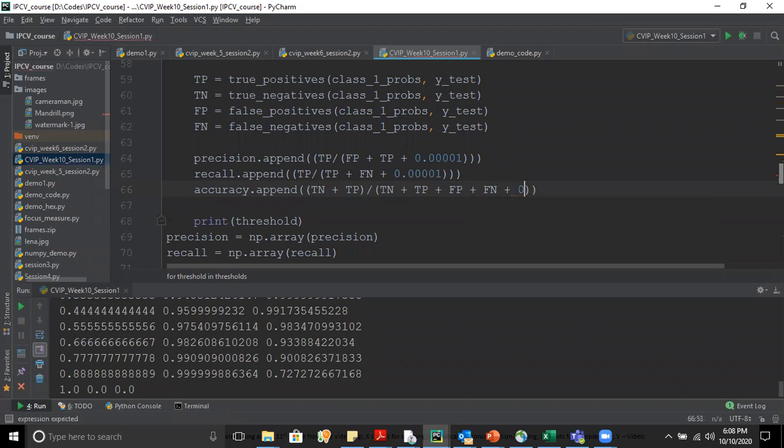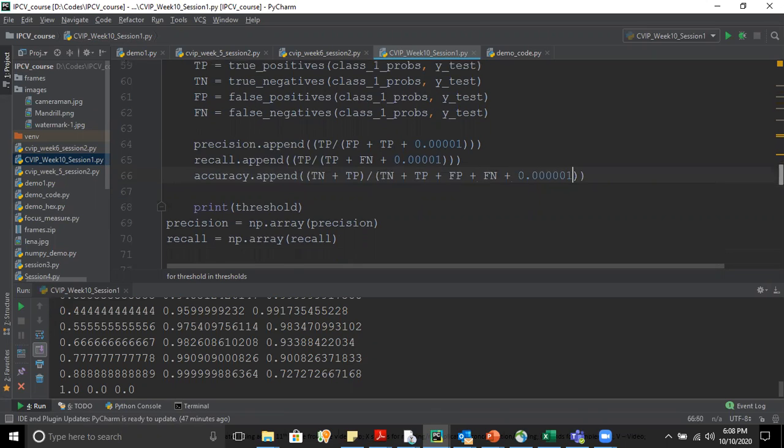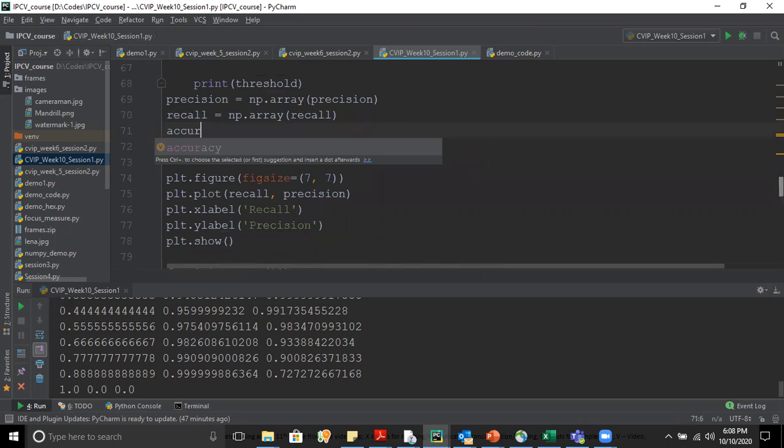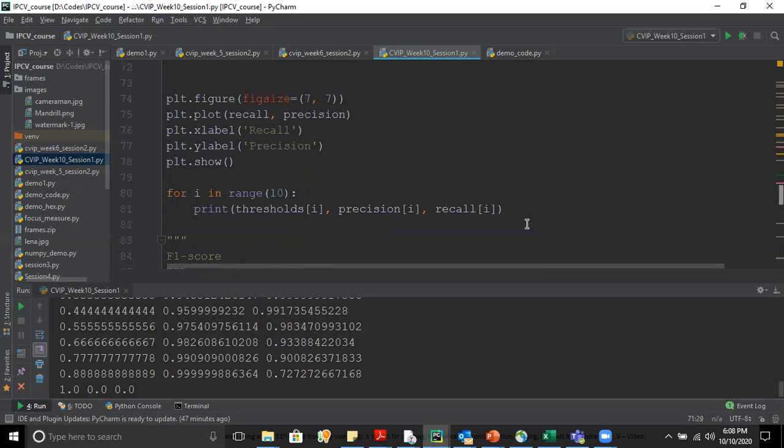I'm adding a small number to avoid a 0 by 0 division error, and I'm also calculating the accuracy. And let's display the accuracy also.